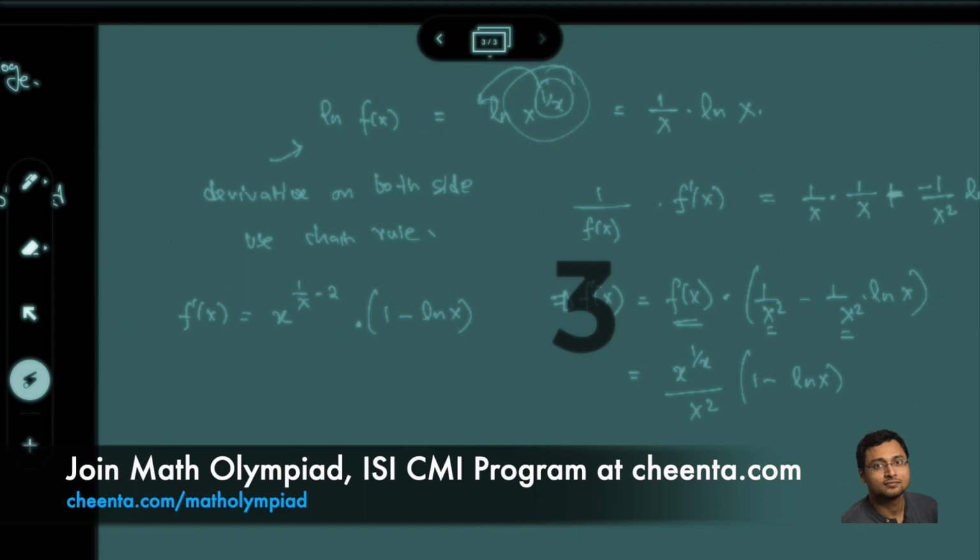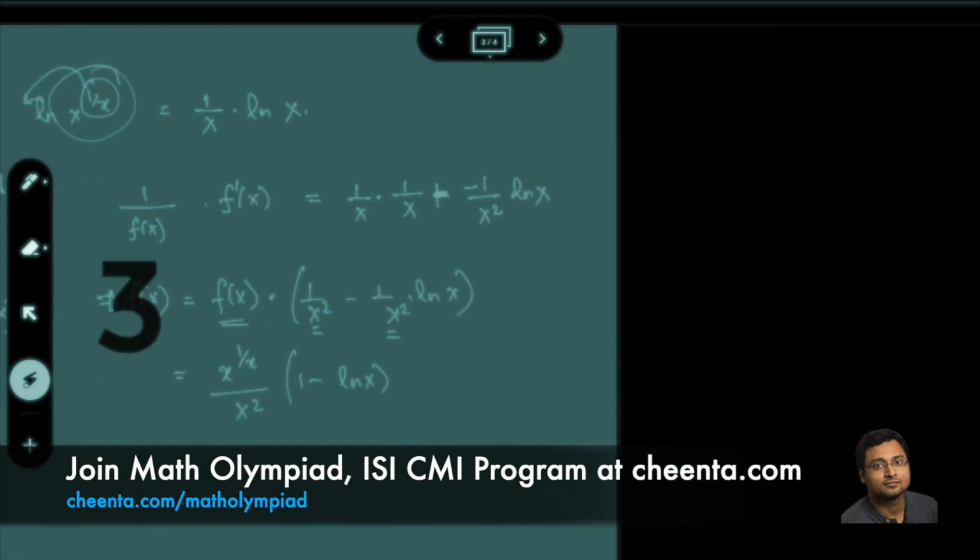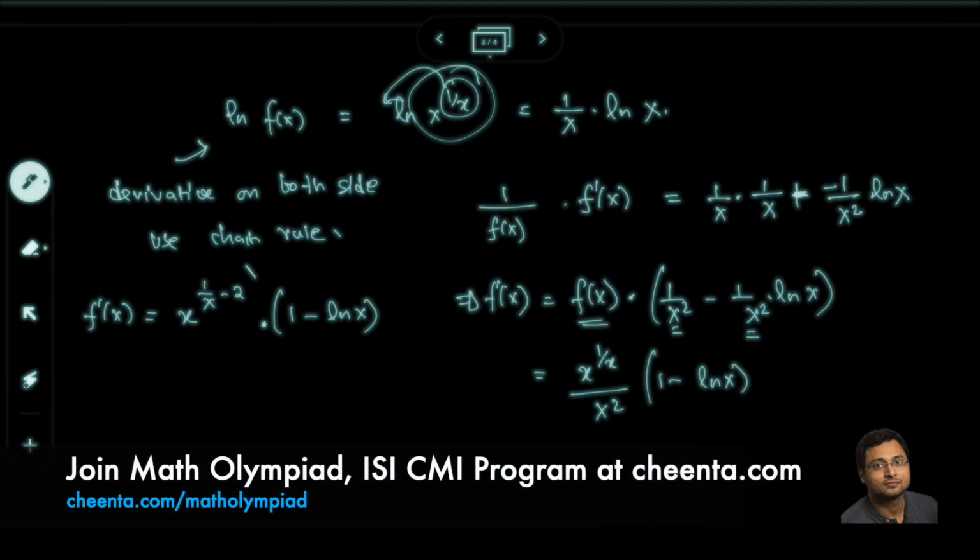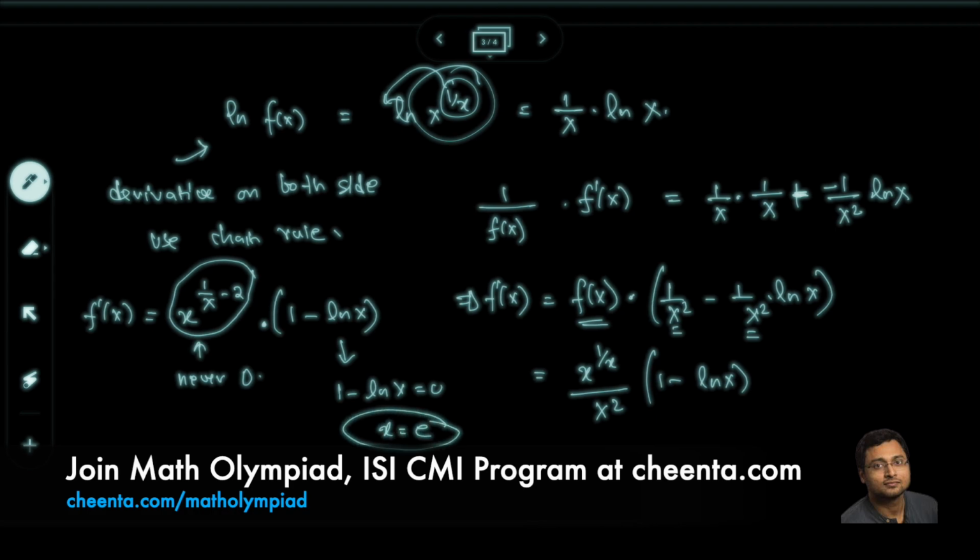So let's try that. This part is never 0 because x is positive and it's an exponent, so x to the power something is never 0. The only part that can be 0 is this one. So 1 minus ln x can be 0 only when x is equal to e, which is the Euler constant, approximately 2.7.